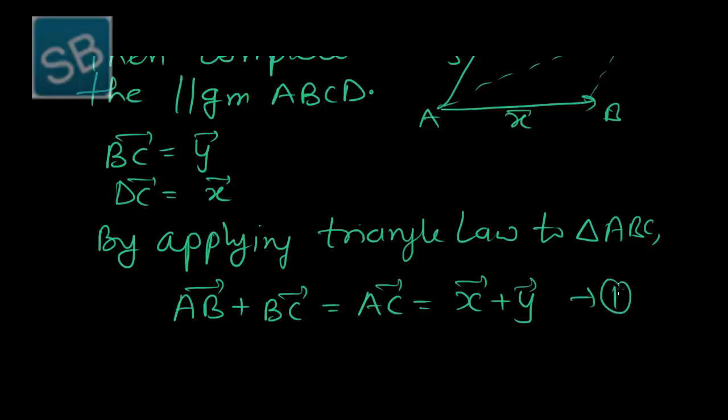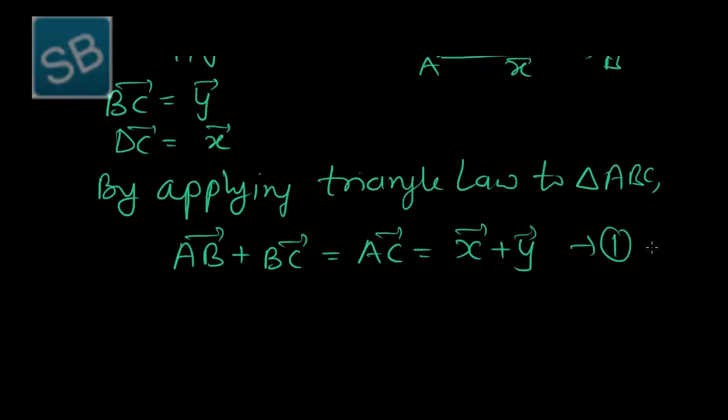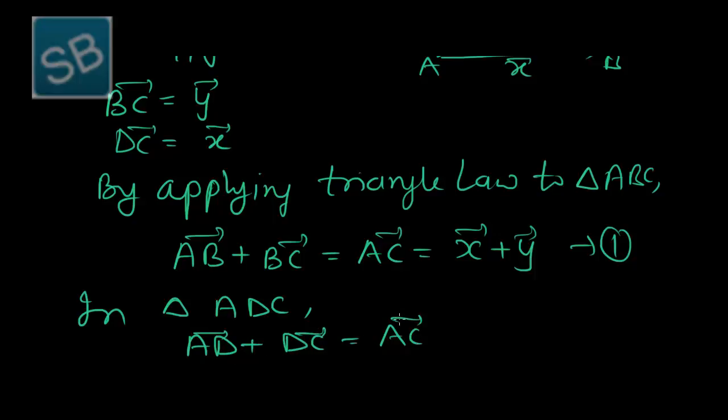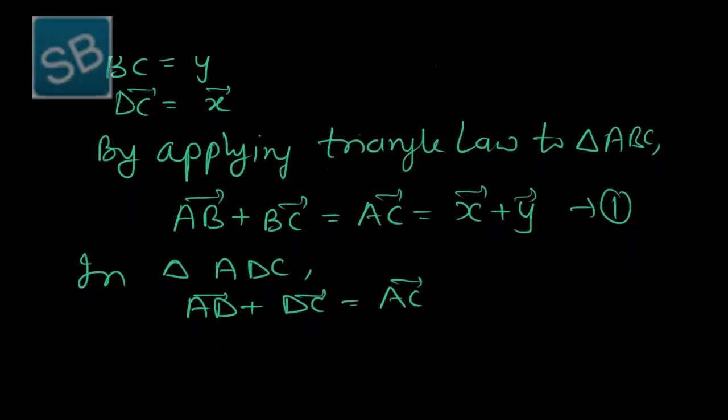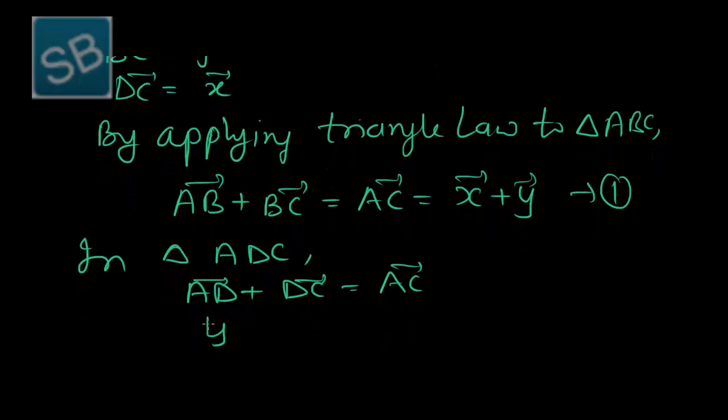This is number 1. And in triangle ADC, AD plus DC is equal to AC, which is equal to vector y plus vector x is equal to AC.